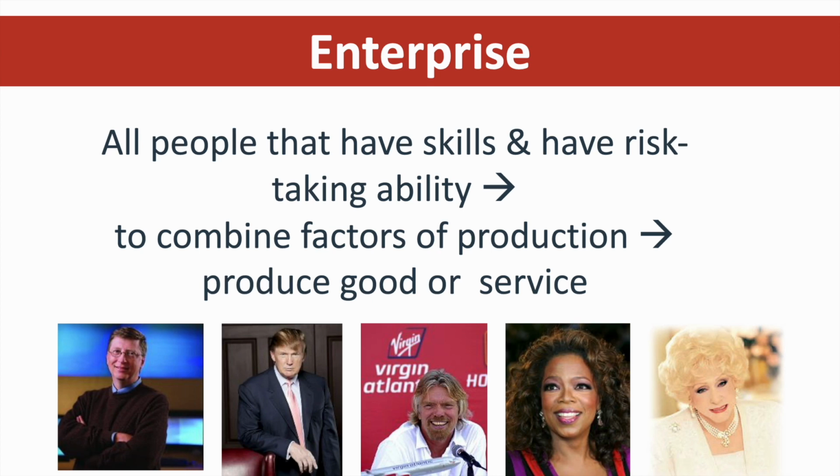And enterprise is a factor of production that all of these guys have in common. It's that specific skill, this risk-taking ability of combining all the factors of production that we talked about: land, labor, and capital, and creating something that produces goods and services that satisfy people's needs and wants.